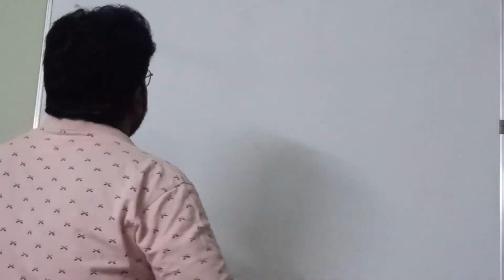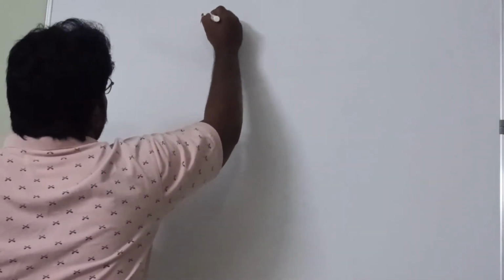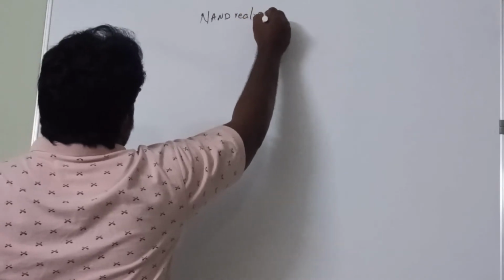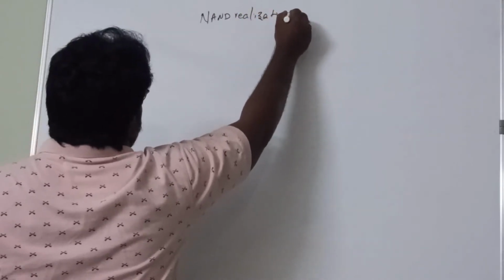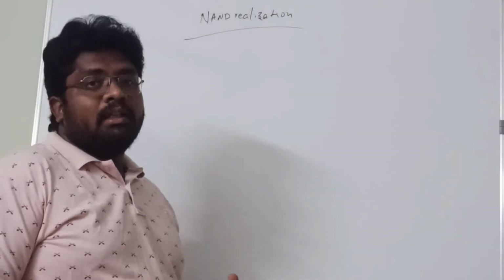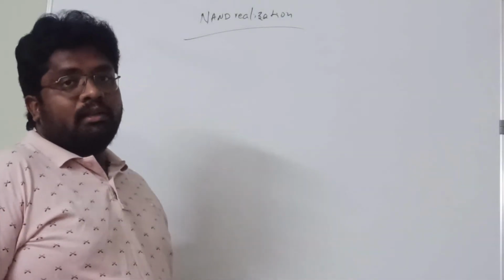So now let us see about the realization of both the NAND gates and the NOR gates. The first one, let us see about the NAND realization. Here I am using the NAND gate to implement the remaining gates.